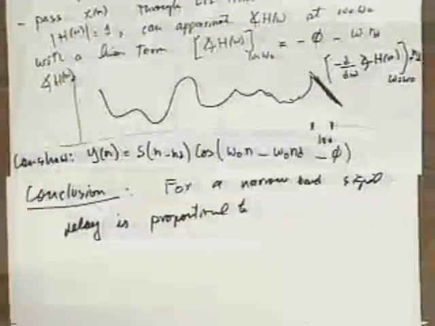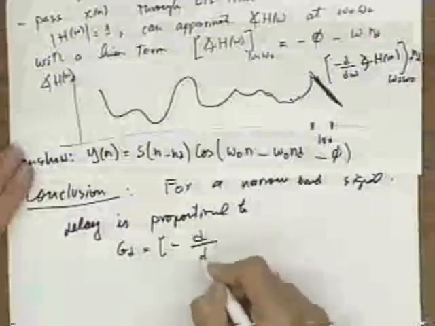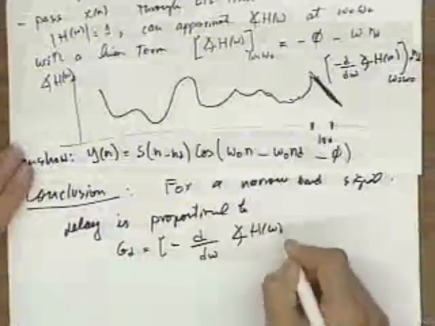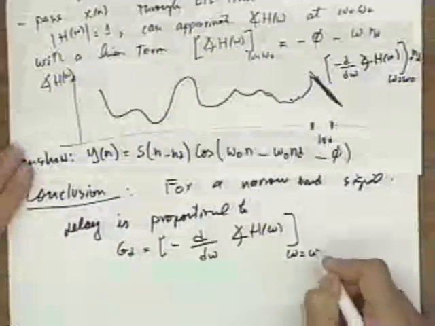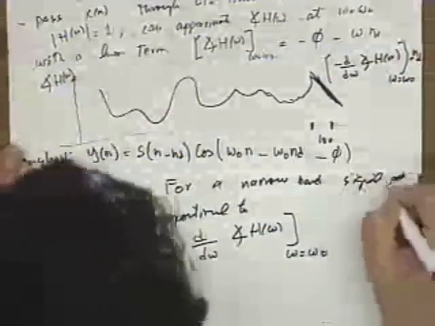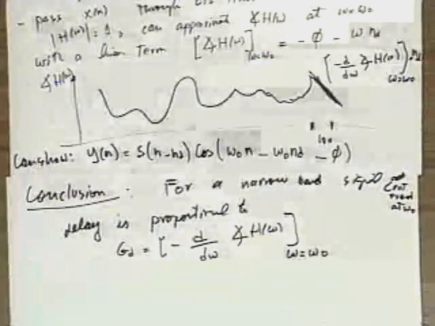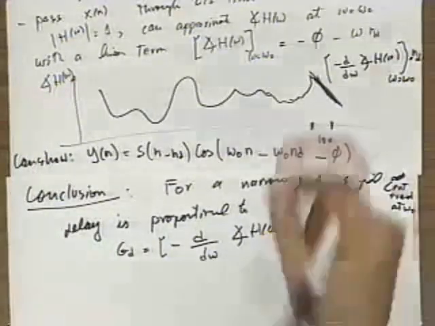For a narrowband signal, group delay is proportional to minus d by d omega of the angle of H of omega, evaluated at omega equals omega naught. So for a narrowband signal centered at omega naught, the delay is proportional to this amount.